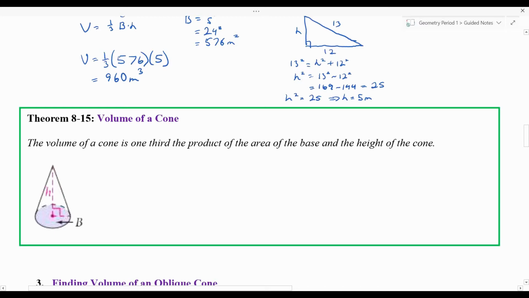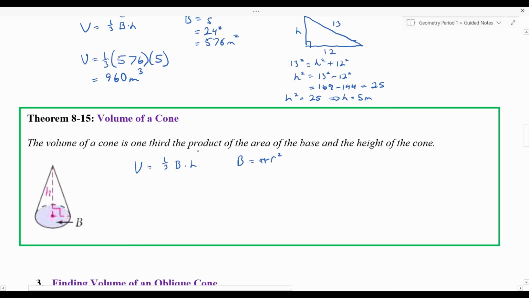So what that means is that the volume equals 1/3 the area of the base times height. The formula is identical. However, because the base of a cone is a circle, the formula I'm going to be using to calculate the base is the area of a circle. So B is going to be pi r squared.